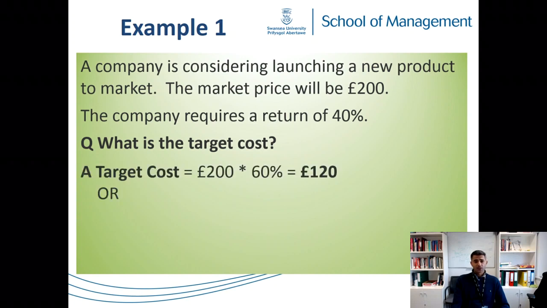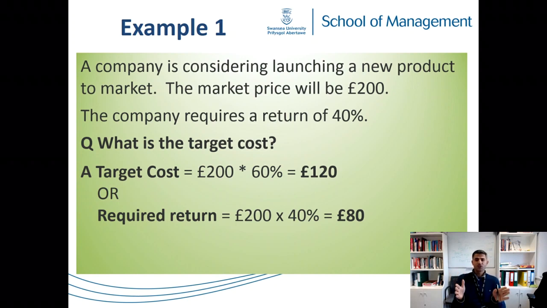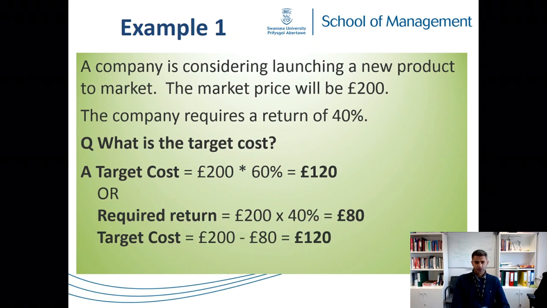The required return: £200 multiplied by 40% is £80. So the company wants to achieve a required return of £80 per unit for this specific product. If you take that away from 200, you end up with a target cost of £120.